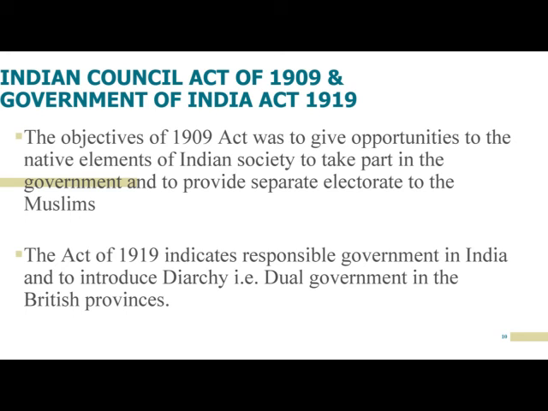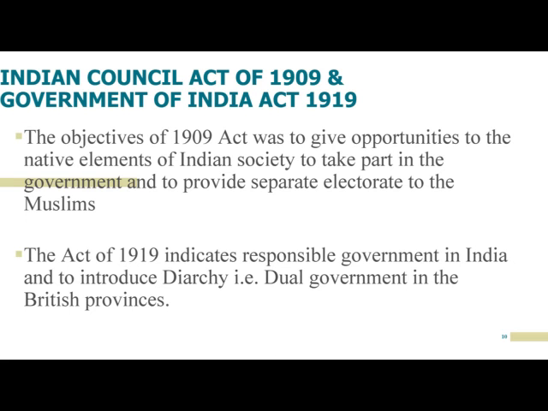To that effect, the Act of 1919 itself vested power in the hands of the people of India under the head of transferred subjects. So gradually the people of India started taking part in the administration by establishing their own political administration.